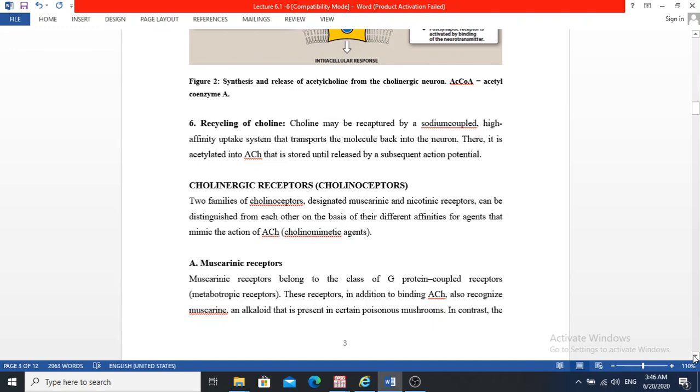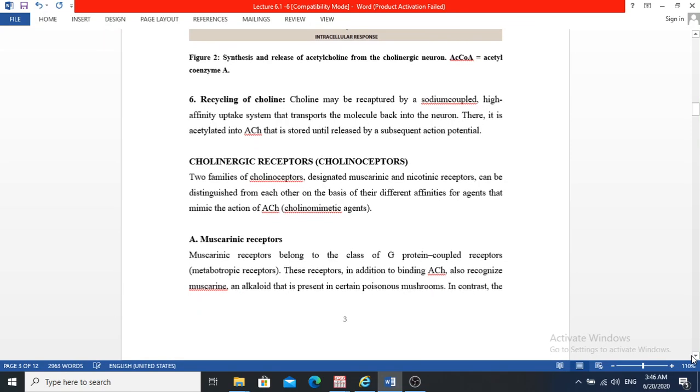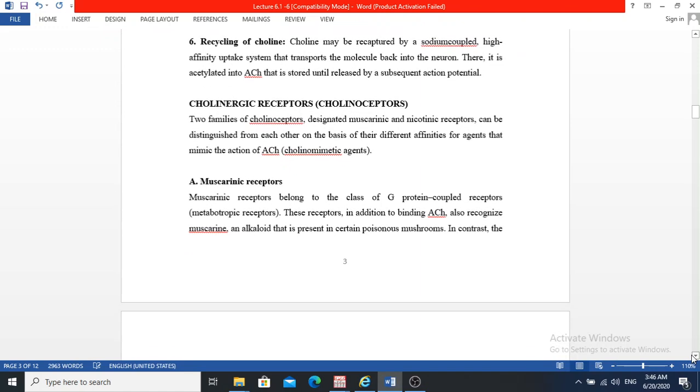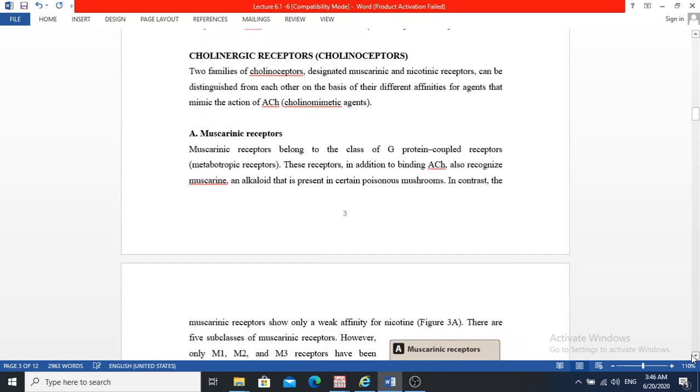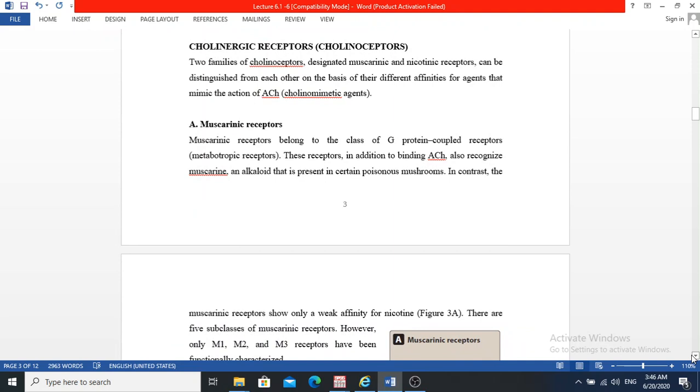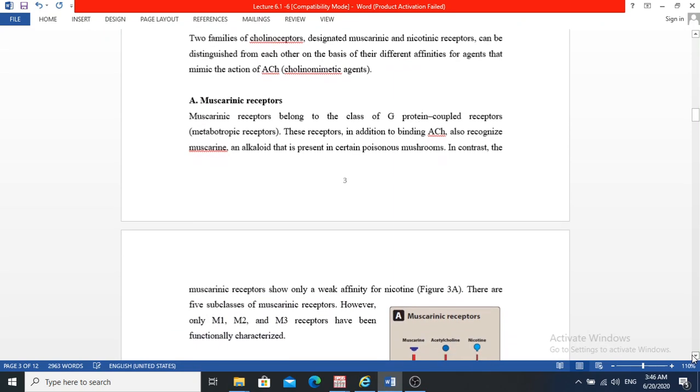Cholinoceptors. Two families of cholinoceptors, designated muscarinic and nicotinic receptors, can be distinguished from each other on the basis of their different affinity for agents that mimic the action of acetylcholine, cholinomimetic agents.